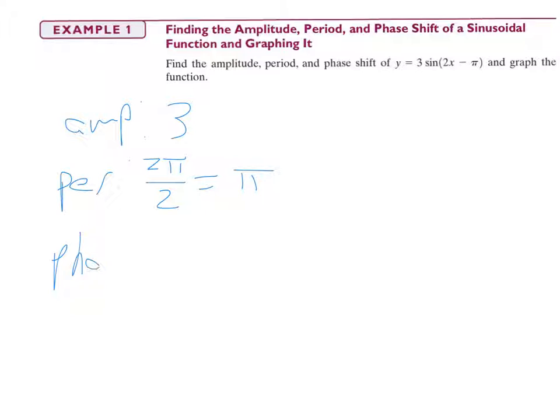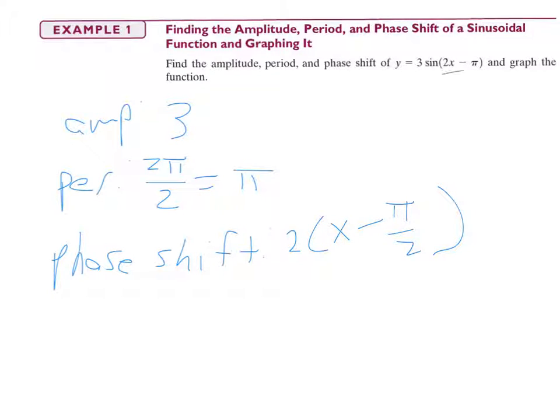And the phase shift. You can start by finding the phase shift by factoring out the number in front of x. So you have x minus pi over 2.